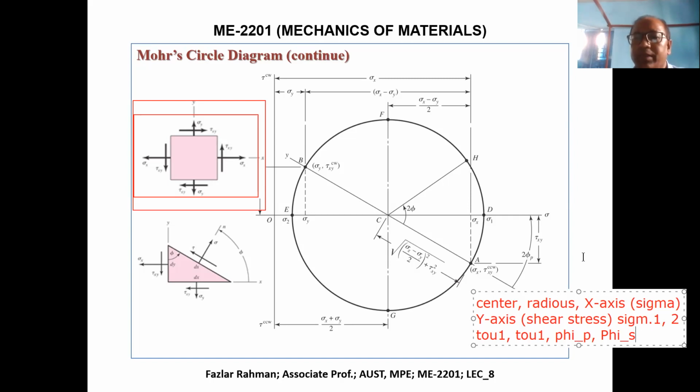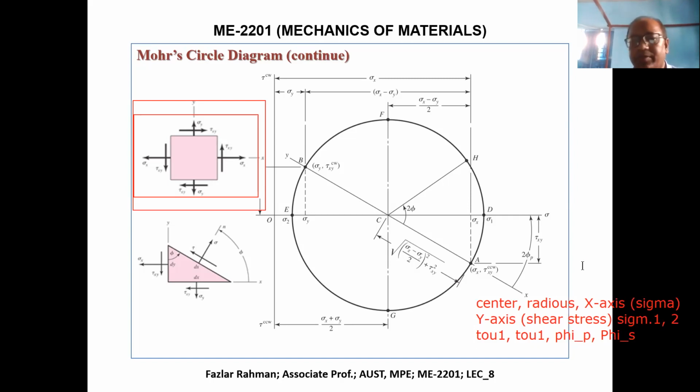So now in the algebraic method, what we did, we used some sign convention like positive stress is tension, negative stress is compression. That one we use right over here, same thing. But for shear stress in the algebraic method, if it is rotated anti-clockwise, then we say this is positive.